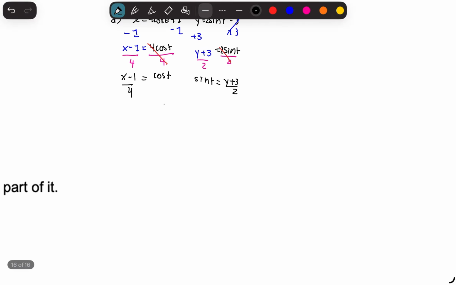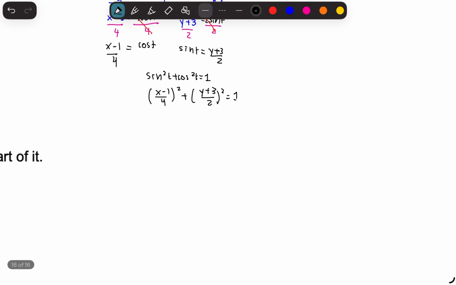Now, you can use sine squared t plus cosine squared t is equal to 1. And substituting, that's ((x minus 1) over 4) squared plus ((y plus 3) over 2) squared is equal to 1. So now you can square everything in the top, the bottom, and here.